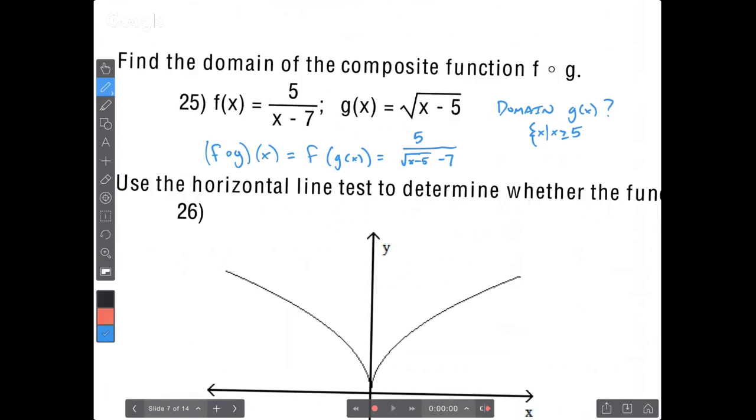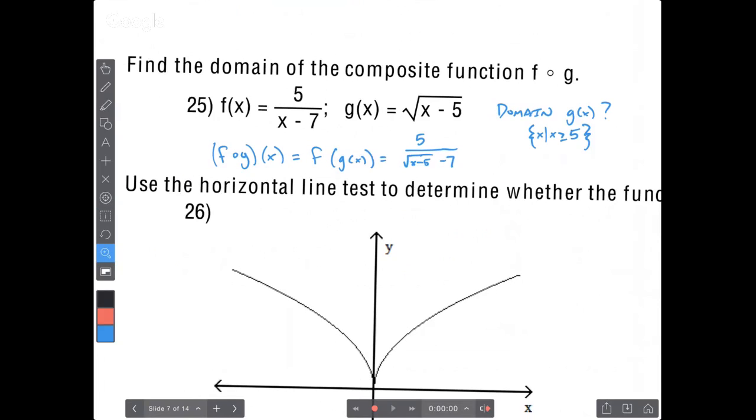Okay. And then here, I know that in my composed function, it's not possible for root x minus 5 to be 7, because 7 minus 7 would be 0. And that's a restriction on the domain of this rational function.